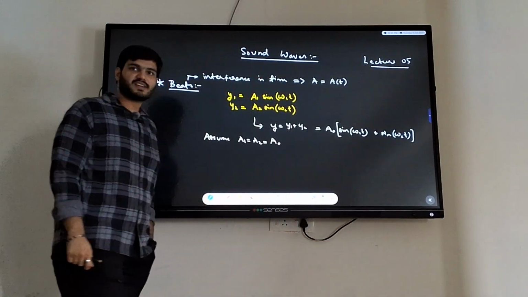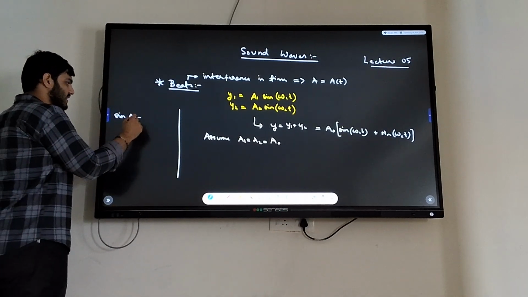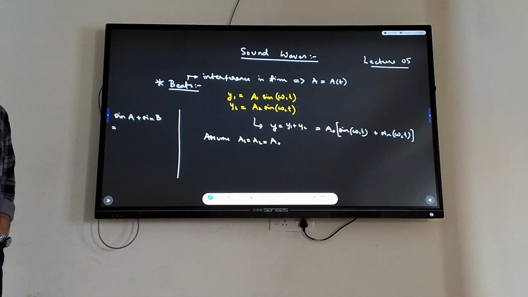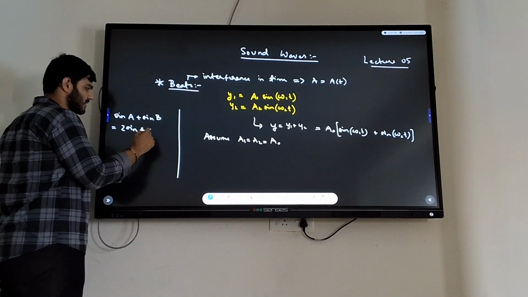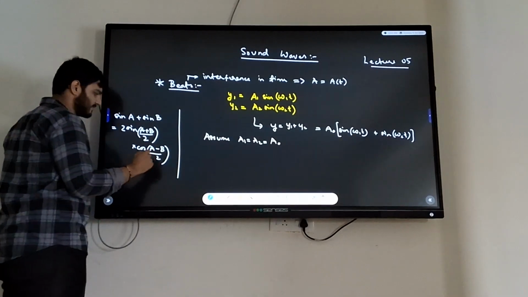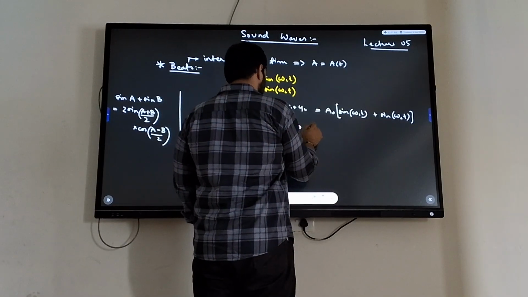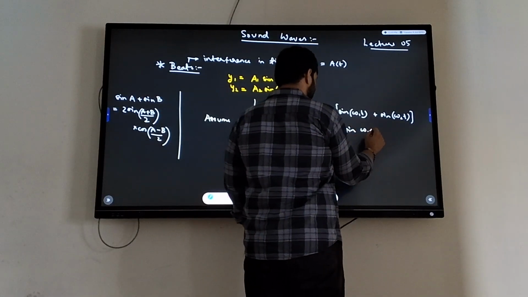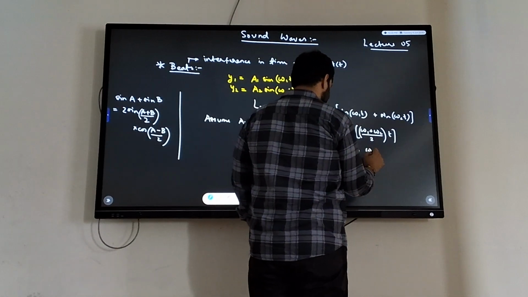This looks like sin a plus sin b. What is that equal to? 2 sin((a+b)/2) cos((a-b)/2). Following the same thing, y = 2a0 sin((omega1 + omega2)/2 t) cos((omega1 - omega2)/2 t).